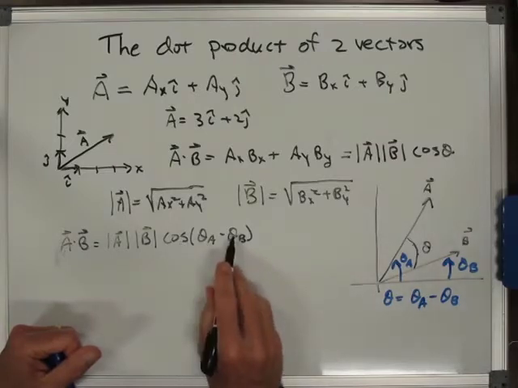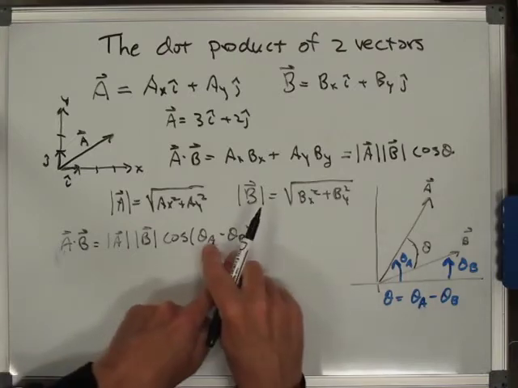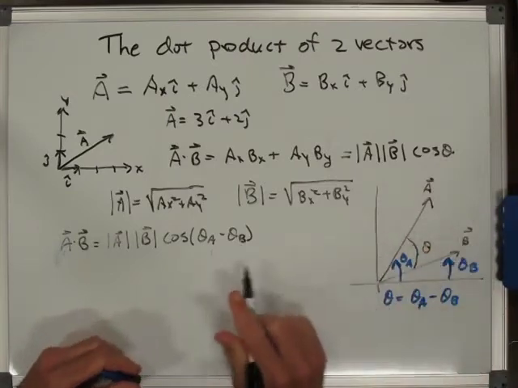That is to say, cosine of 45 and cosine of minus 45 are the same. So it doesn't matter if you write this as theta B minus theta A or theta A minus theta B, you still get the cosine of the difference between them.